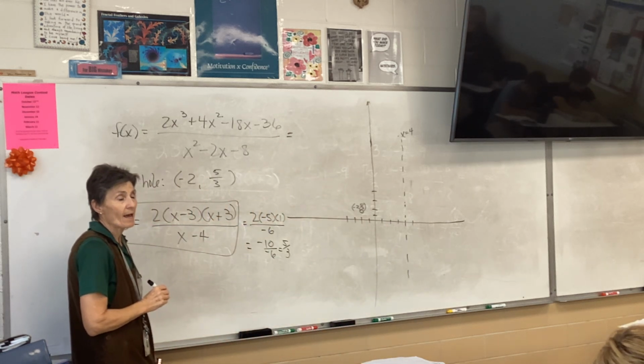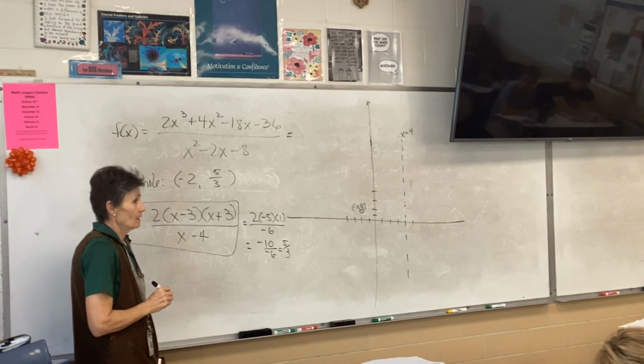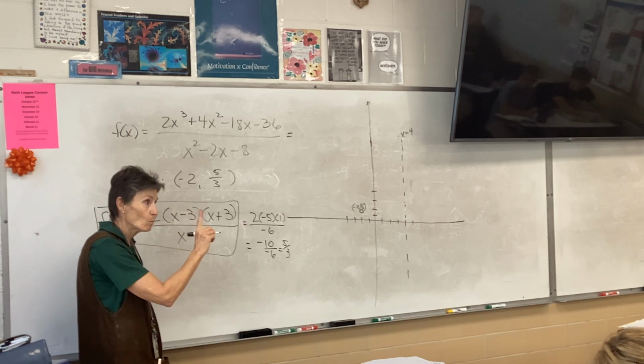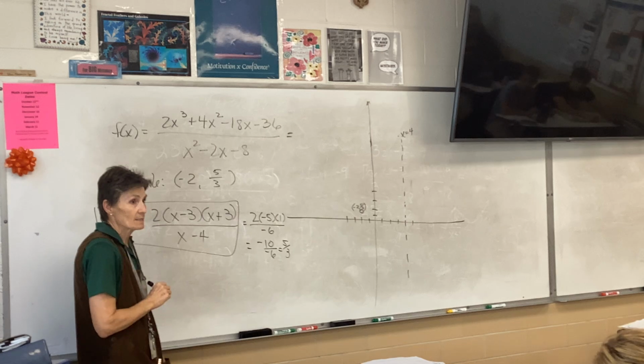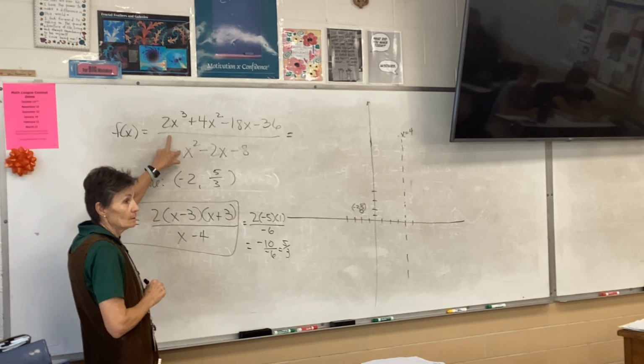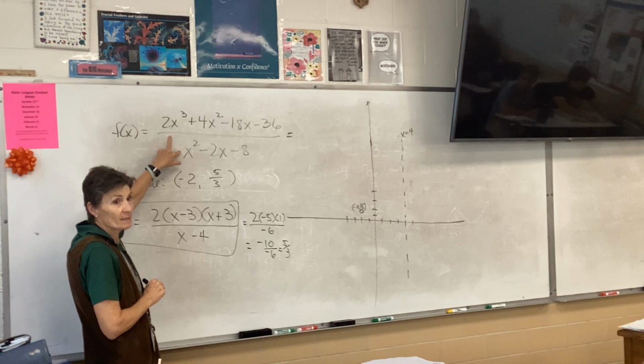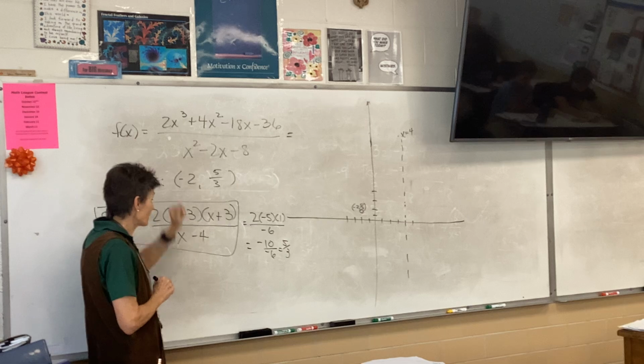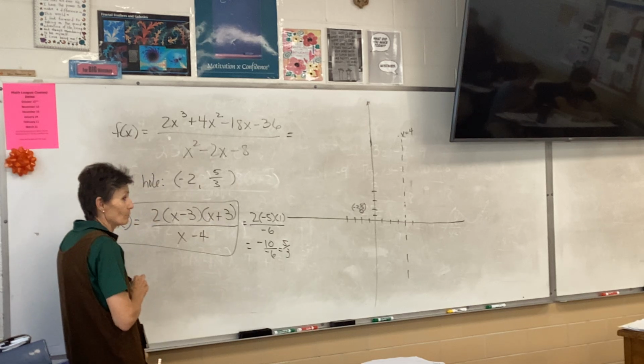Not gonna have a horizontal asymptote, but I will have a slant asymptote. How do I know? Power on top is 1 bigger. Okay? So how am I gonna find my slant asymptote?